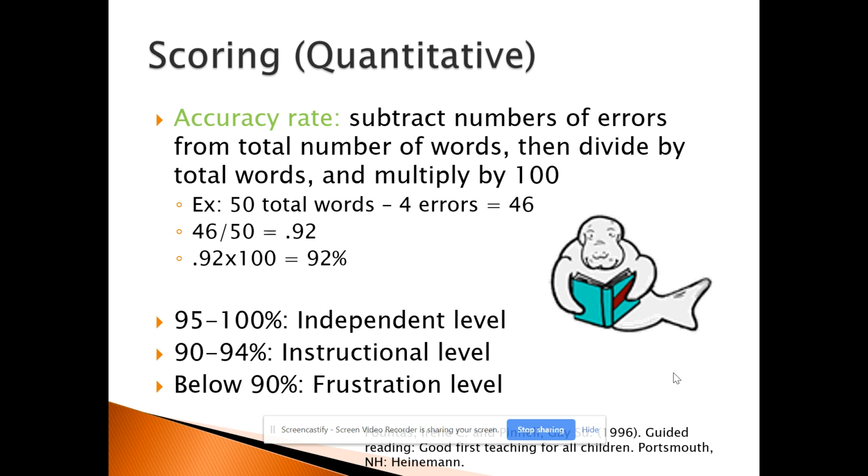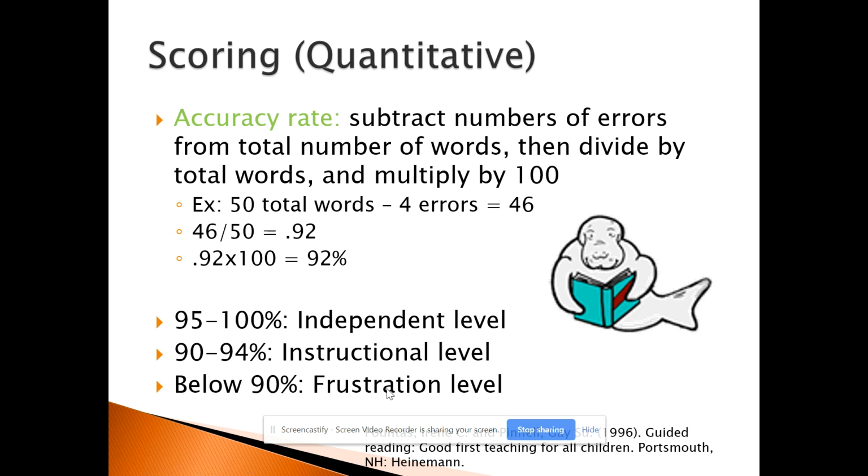You subtract the number of errors from the total number of words in the text, and then divide by total words and multiply by 100. That gives you a percentage. In the example, we have a percentage ending in 92%. And if you notice here at the bottom of the screen, 92% lands right in the instructional level. That's where we want our students to be.